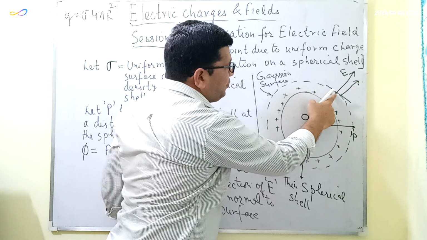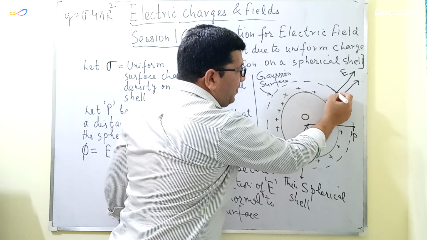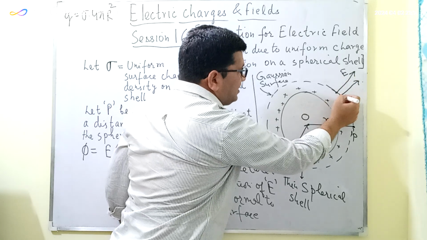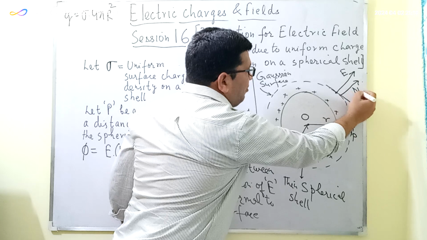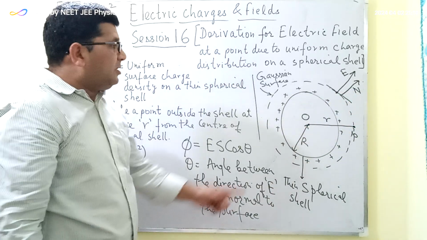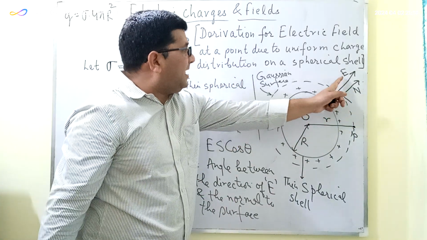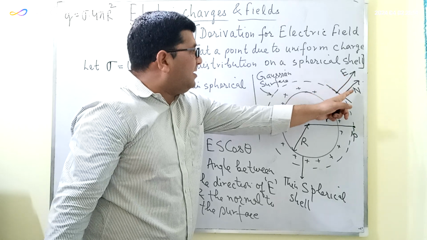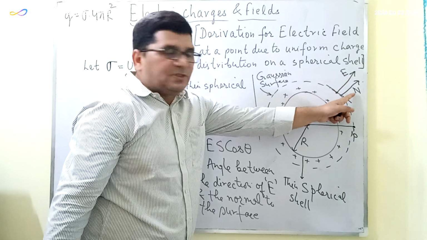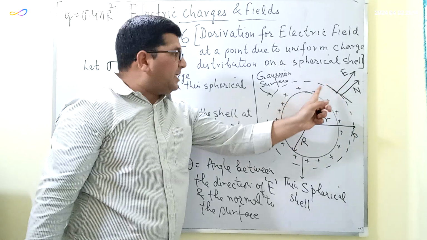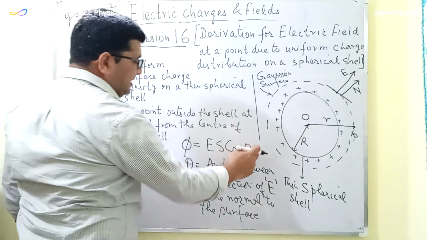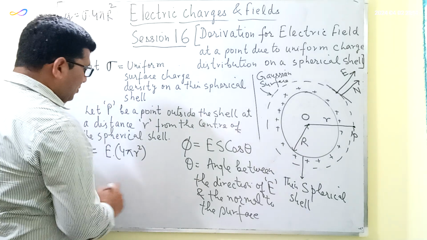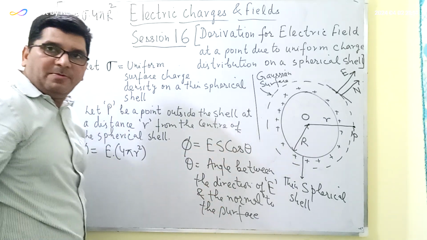This is the tangent at this point, and the perpendicular to this tangent means, see, this is the perpendicular to this tangent. So this is the normal to the surface at this point. So you can see from this figure that the direction of E and this normal to the surface is the same. That is, both are parallel to each other, and when they are parallel to each other, then theta will be equal to 0. So if theta is equal to 0, then cos theta will be equal to 1.